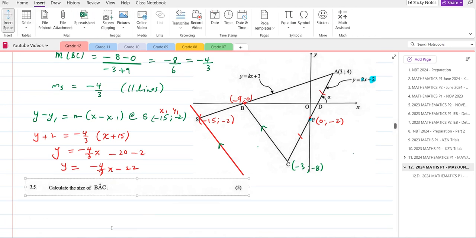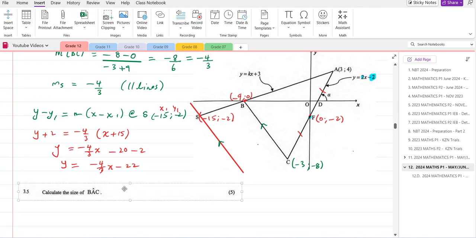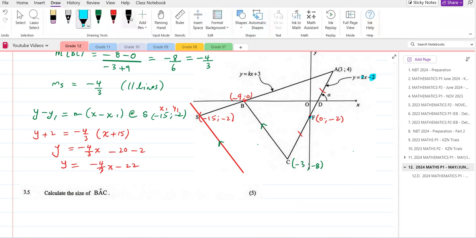Calculate the size of angle BAC. What is the size of angle BAC? So we want the size of angle A, alright? At angle A, the vertex, line BA is meeting up and line AC is meeting up.